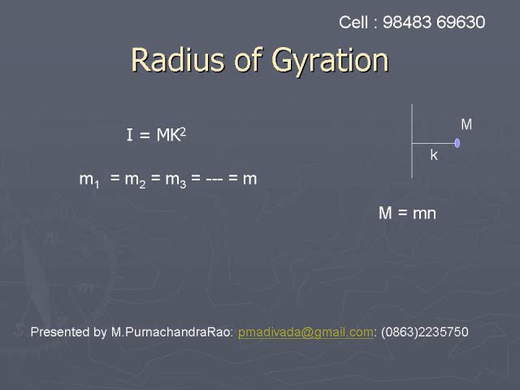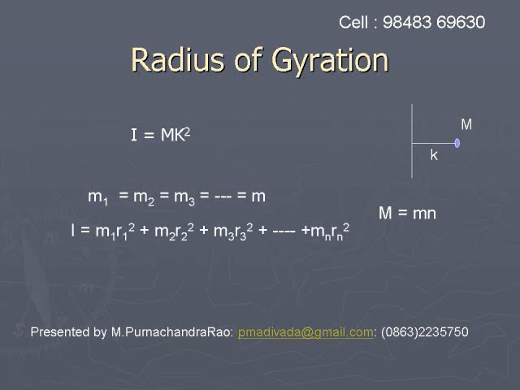Let us suppose a body is composed of several particles of equal mass. Then m1 is equal to m2 is equal to m3 and so on, equal to m.